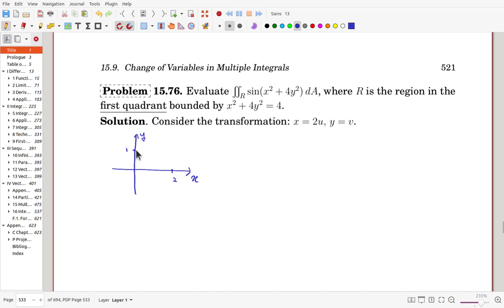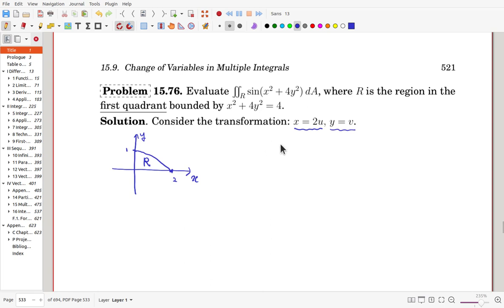So it is part of an ellipse, like that. This is R. Over R, this is defined. Now, to solve this problem, if it were an equation of a circle, then it would be easy, so we may consider this transformation, which is a kind of hint.